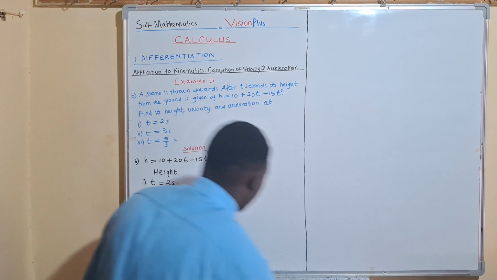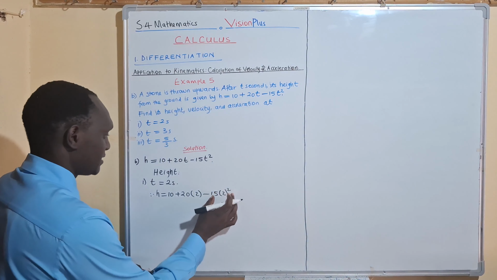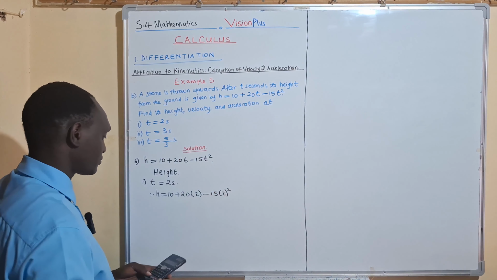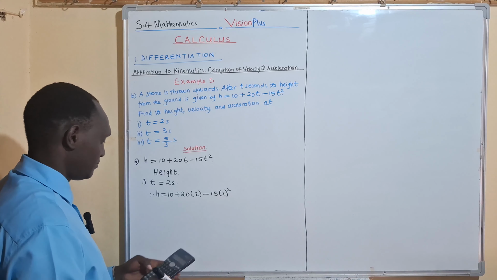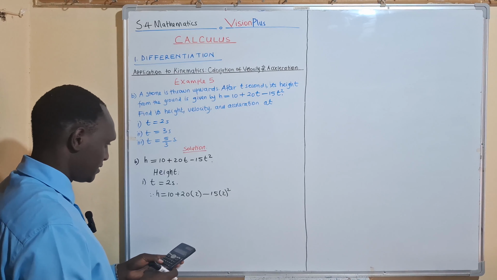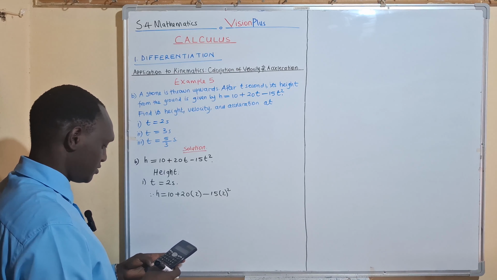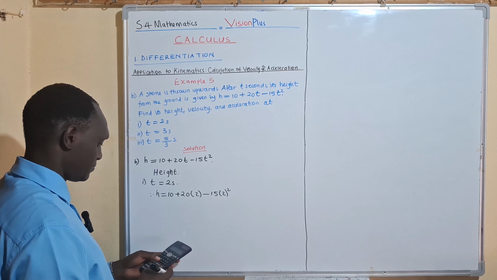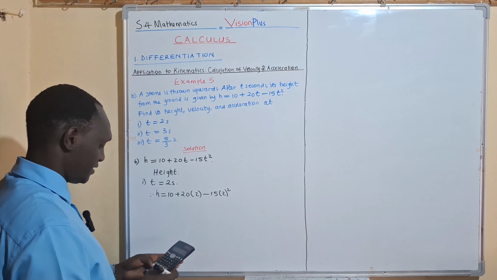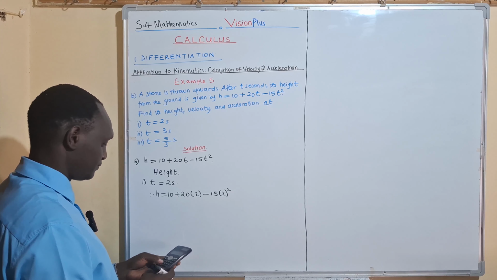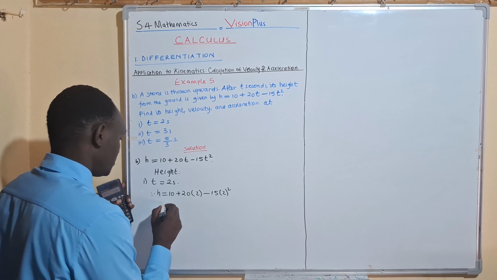Then we simplify that. We shall have 10 plus 20 times 2 minus 15 times 2 squared. Negative 10, please. Always use a calculator.